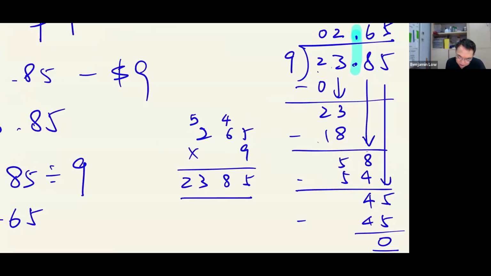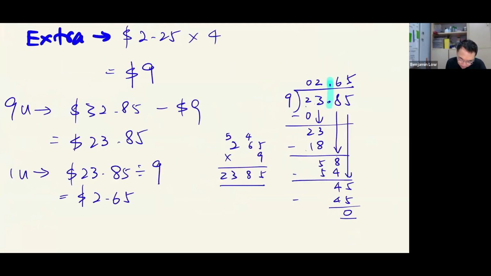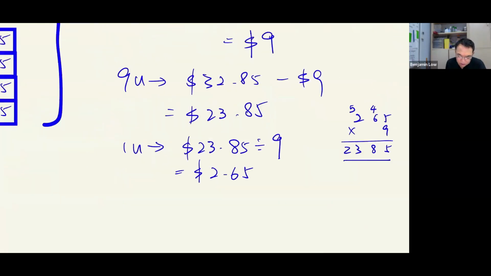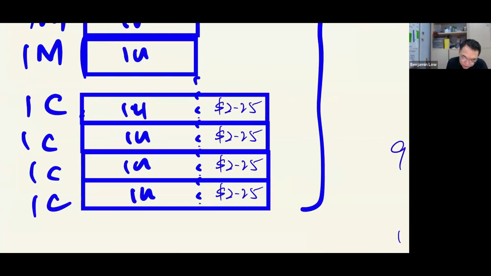Okay, and then I get the comparison, same numbers, huh? So that means it's correct. Okay, so now I got 2.65. I can put it here.